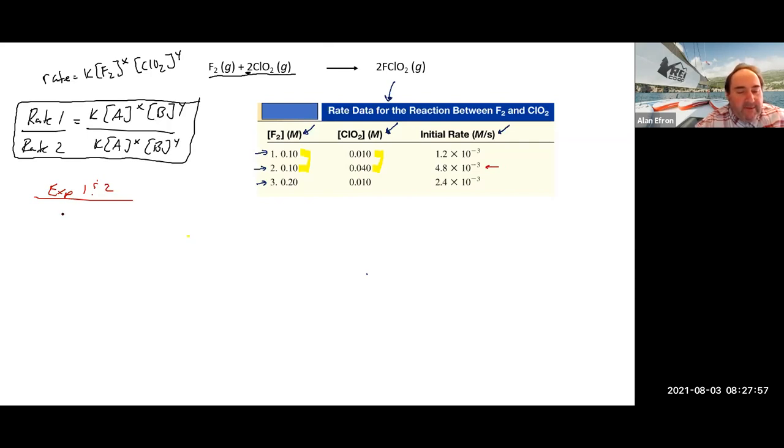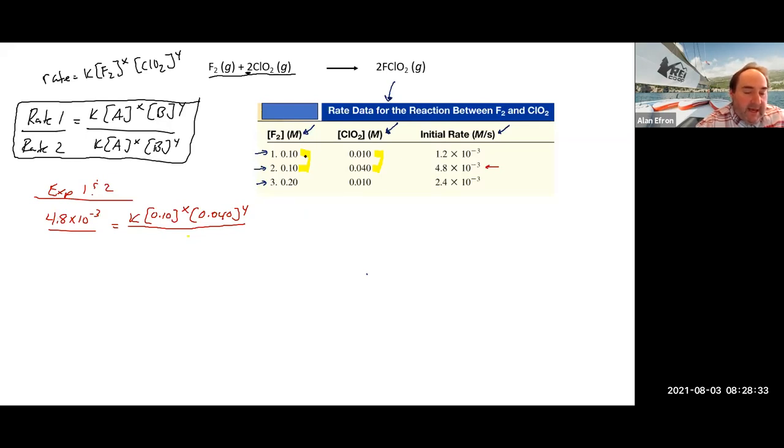So what that means is I'm actually going to take everything from experiment number 2 and put it up on top. So 4.8 times 10 to the minus 3 is equal to K, I don't know, and A for that, which is my F2, is 0.1 to the X. And for my ClO2, it is 0.04 to the Y. So basically, I took everything from entry number 2 and put it into my rate law on top, equal to its rate.